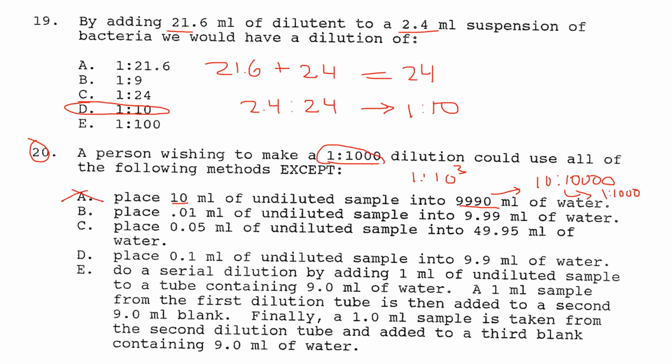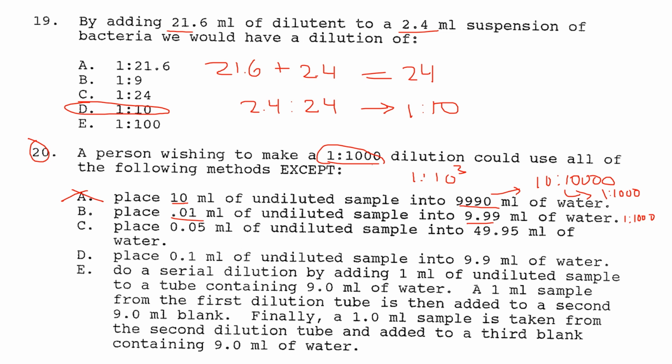Well, it'll give you the 1 to 1,000 dilution. We're looking for the ones that won't give you it, so just to be clear about that. So again, add this. It's basically the same problem as above. So 0.01 plus 9.99, so that's also going to be a 1 to 1,000.